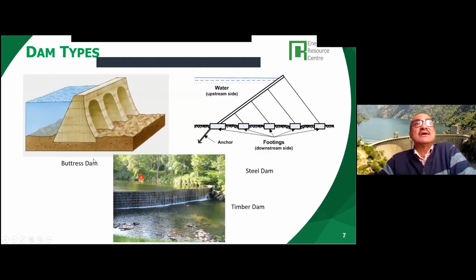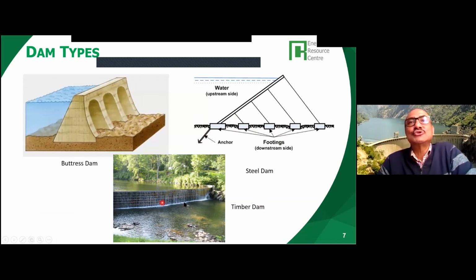Okay, a buttress dam is basically supported by buttresses. You have a steel dam like this. Okay, so you have steel structures, and you do trusses and everything. You have anchors and you have footings. Then all the steel, and there is this steel support in the anchors, it's like a truss design.